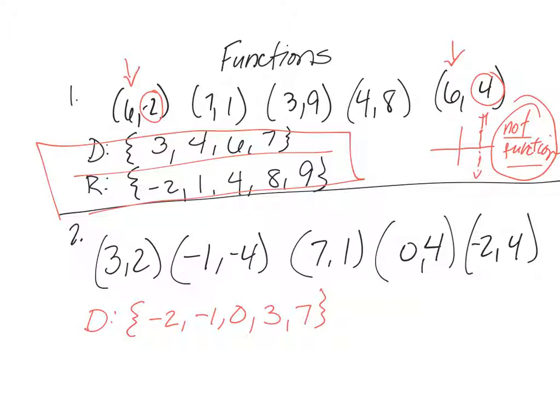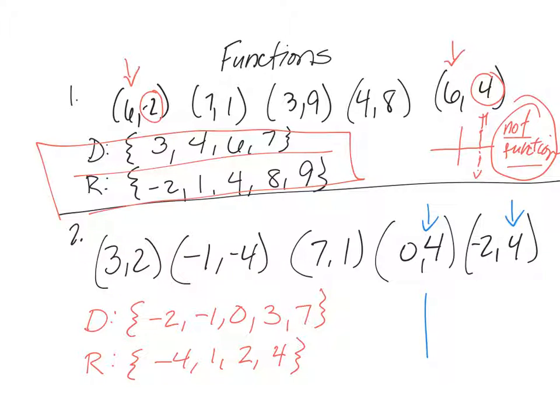Everybody see that? And the range is going to be, what's the smallest? -4, 1, 2, and 4. So now we're going to evaluate if this is a function or not, and I see that these two repeat themselves.